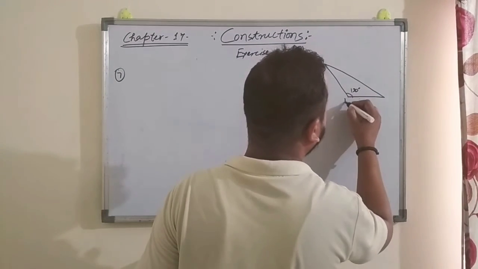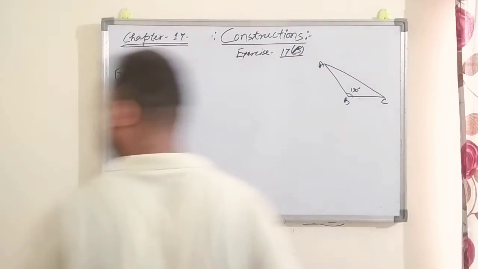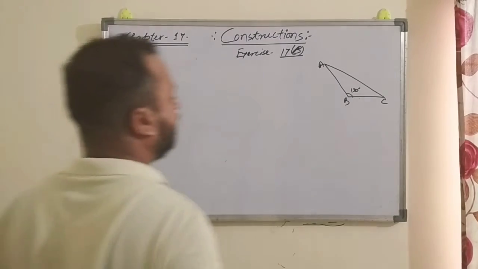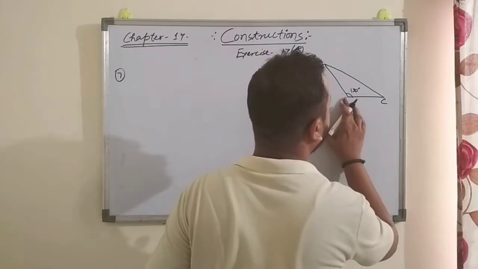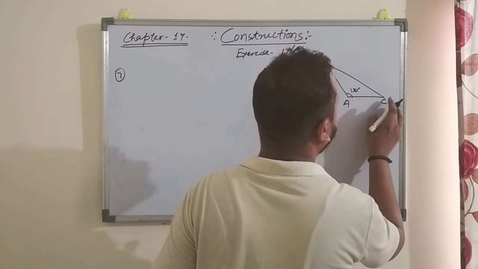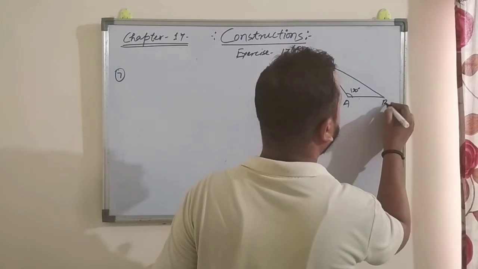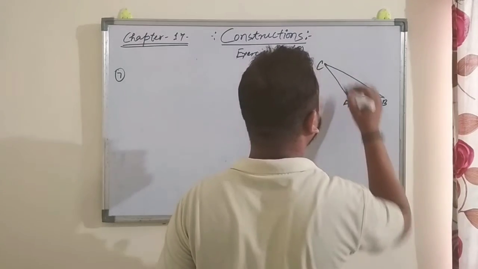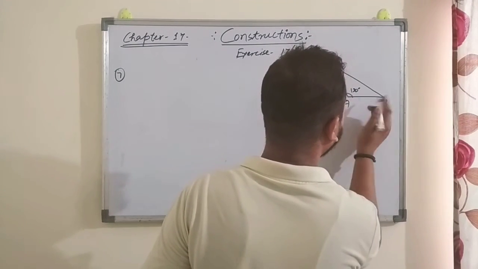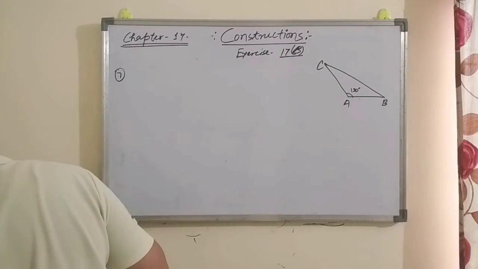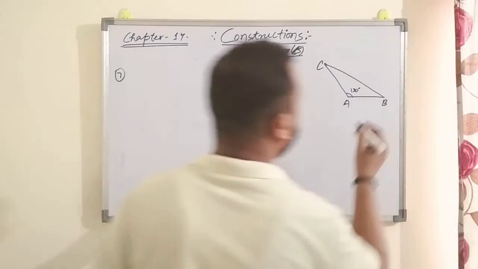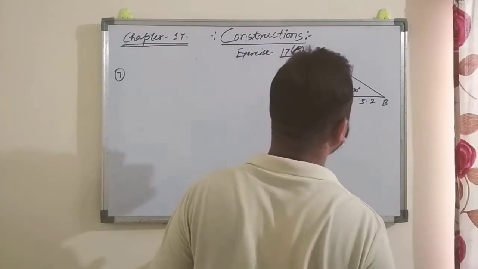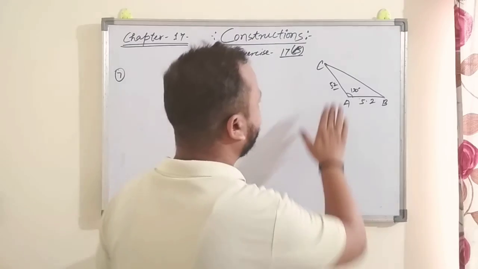So if ABC is given, AB and AC is given. So length of AB is given as, and length of AC, they both are equal and 5.2 centimeters. So suppose this is 5.2, this is also 5.2, right?